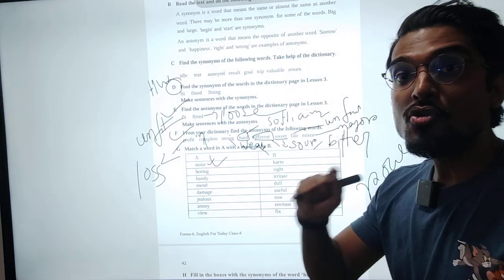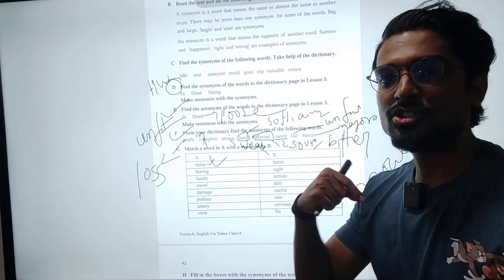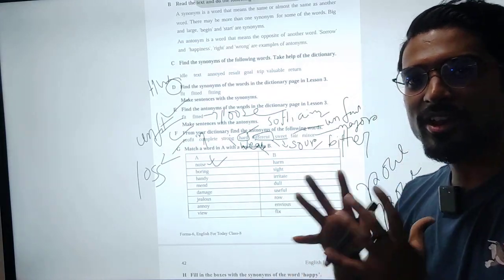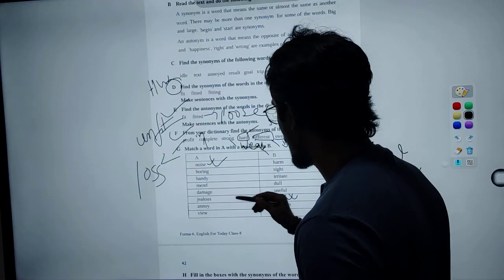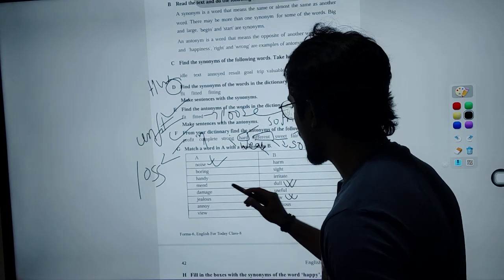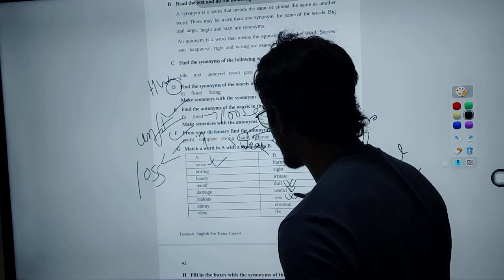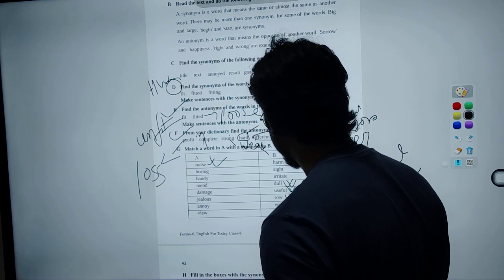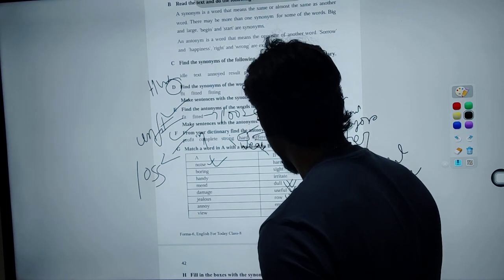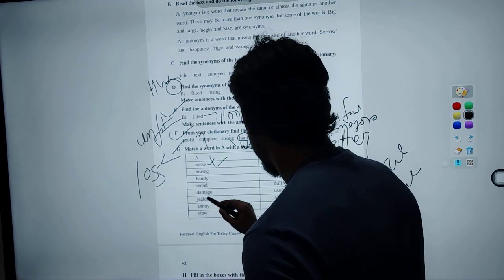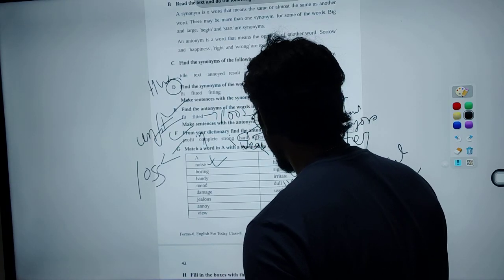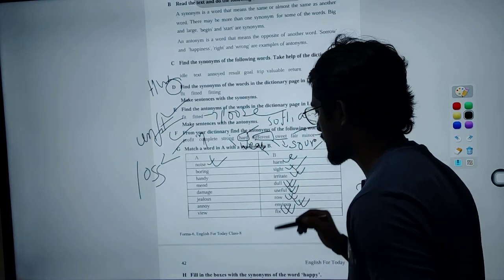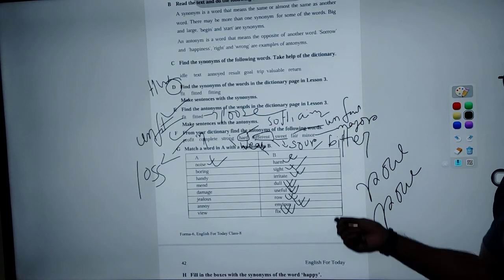When I say row, with stress, it means very noisy. So noise means row. So boring, dull; handy, useful; fix, damage, harm; jealous, envious; annoy, irritate; view, sight. So match these words.